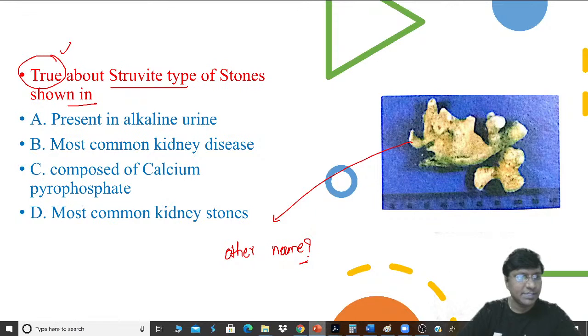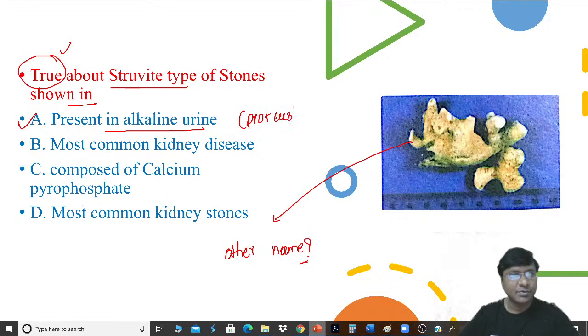Yes. Very good, Babu Chandran has given a correct explanation, and Avinash also answered this question correctly. They are present in the alkaline urine, and the organism responsible is Proteus.